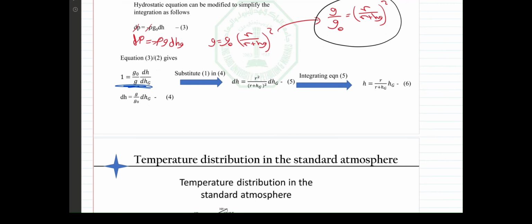Now we want the dH alone. So dH equals, we will flip these, so it's going to be g over g naught multiplied by dHg. And now we have this form, we can put this one in here, and this will give us this result right here.